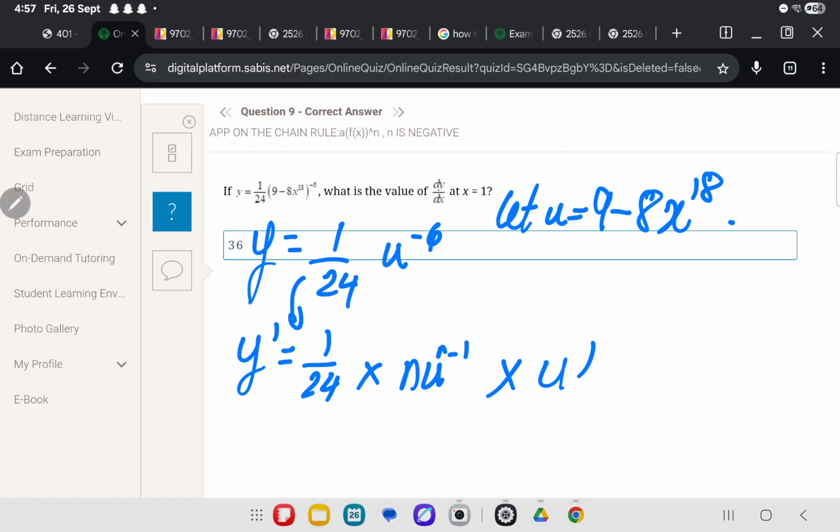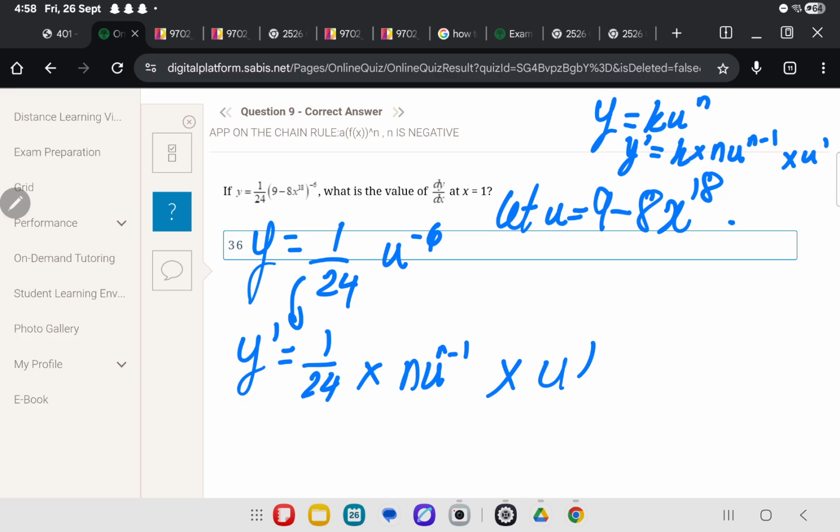So if you want me to actually modify this rule, given that I have y equals k u to the power of n, let me write this in another space: y prime equals k times n u to the power of n minus 1, times u prime. This is my modified chain rule.